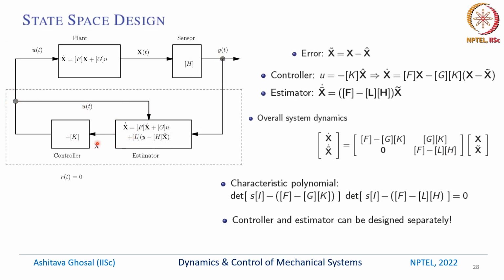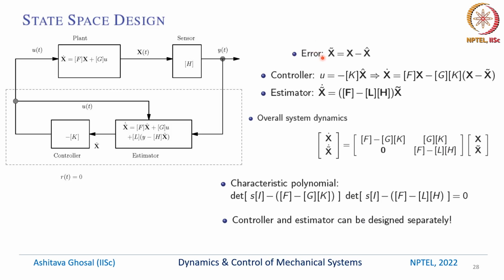The output of the estimator is x hat, and then -K x hat is the controller, and that is what is u. This block diagram explains where the plant, the sensor, the estimator, and the controller are.